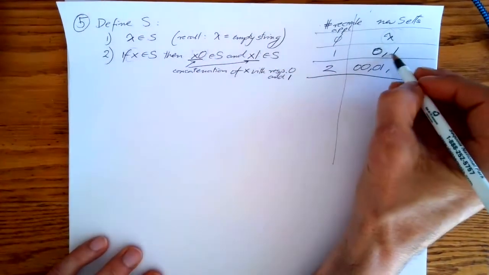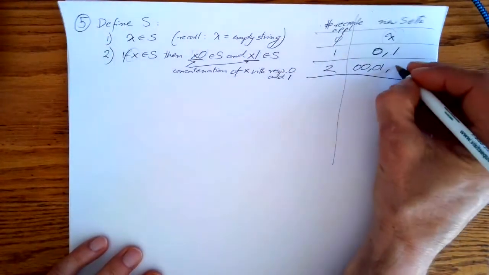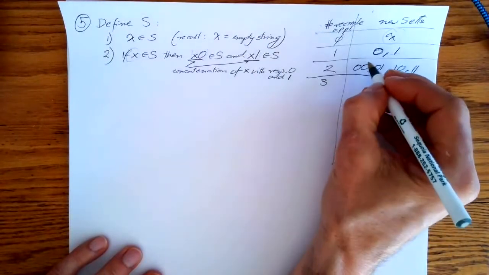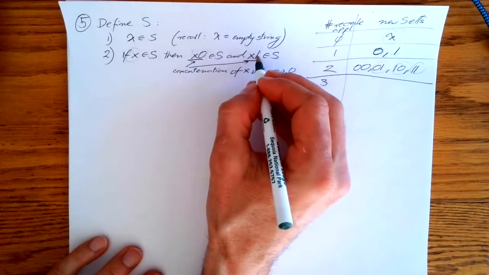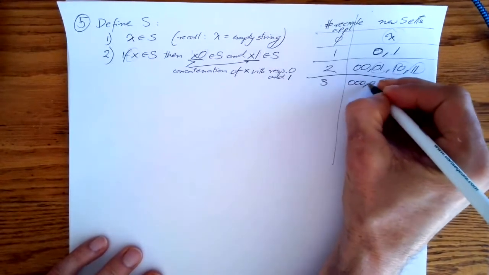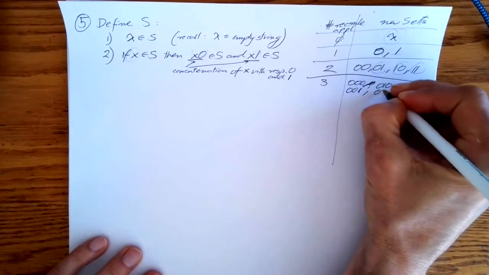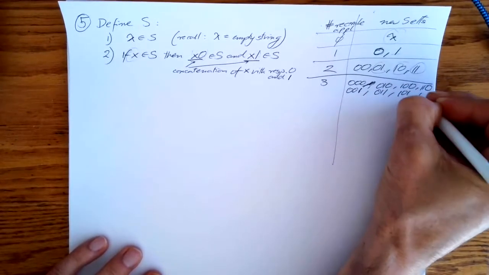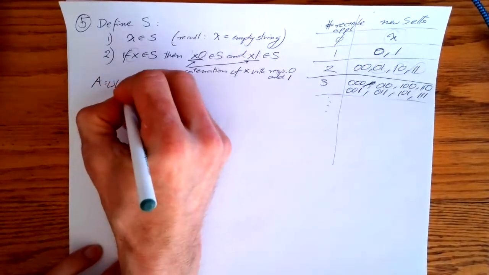If x is 1, then what do I get? 10 and 11. And maybe you can see that, right? The third time I do it, x is any of these guys, and I'm basically adding a 0 or a 1 to whatever x is. So what am I going to build? Basically all bit strings of length 3, etc.